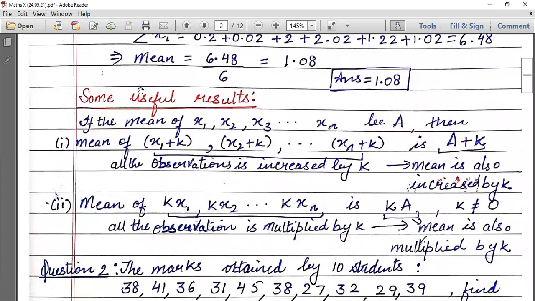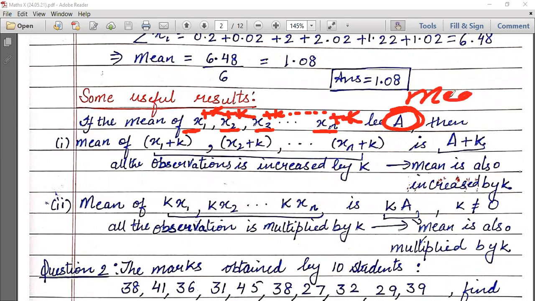Now, children, let's read some useful results. If you have data with observations x1, x2, and so on to xn, and let the mean of all these observations be a. Now, if you add a constant k to all the observations, then the mean of the new data is also increased by k.